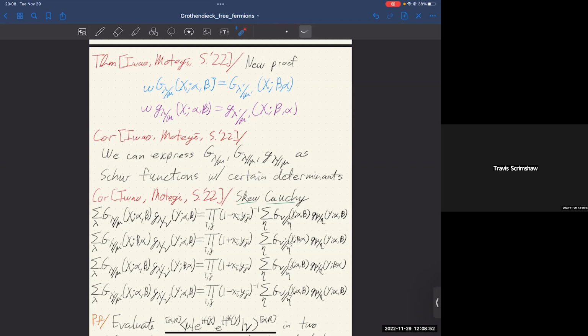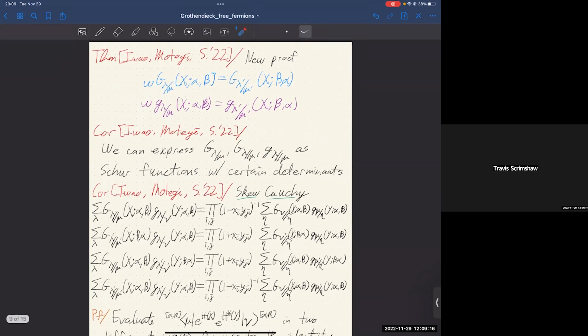In the dual case, we recover the formulas of Hwang et al. But in the regular case, for the single slash, we actually get a slightly different determinant formula than they have. And then we also have new formulas for the double slash.